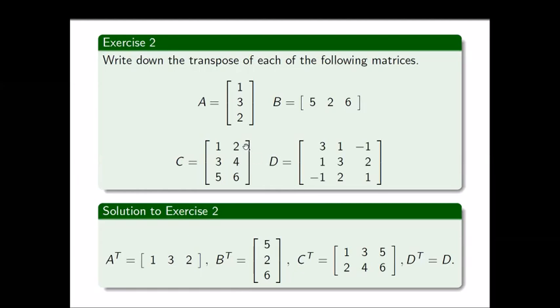So we've converted this 3 by 2 matrix into a 2 by 3 matrix, and similarly we can work with D. And you would find out that D is the same as D transpose, and that's true because if you draw a line along the diagonal, then the entries are symmetric. There's a 1 and a 1, there's a -1 and a -1, and there's a 2 and a 2.